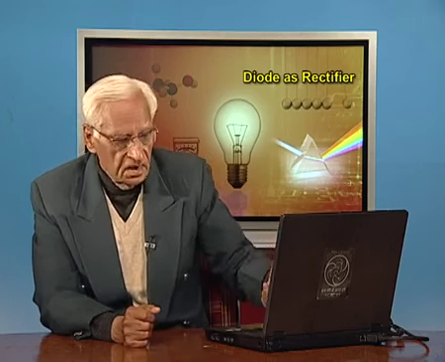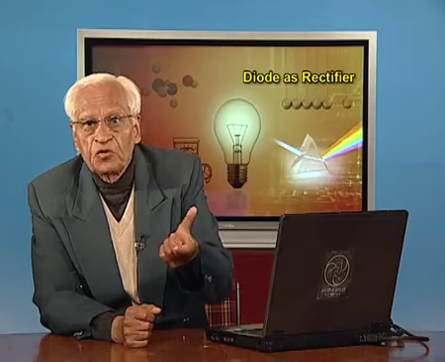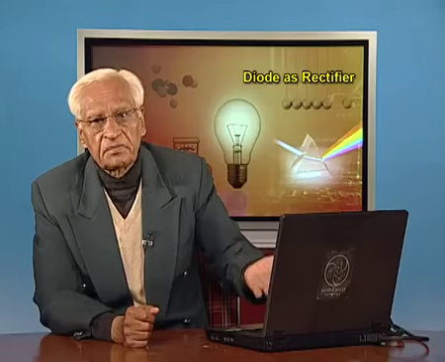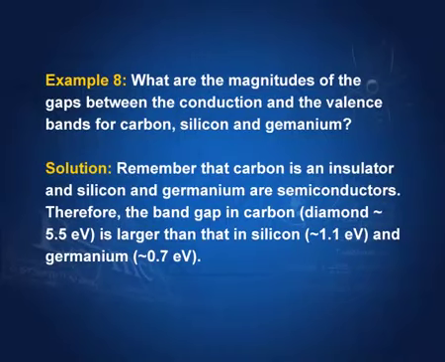Therefore, we expect that for carbon the gap would be very high. In fact, it is 5.5 electron volts, and for silicon and germanium, which are semiconductors, the gaps are 1.1 eV and 0.7 electron volt respectively.